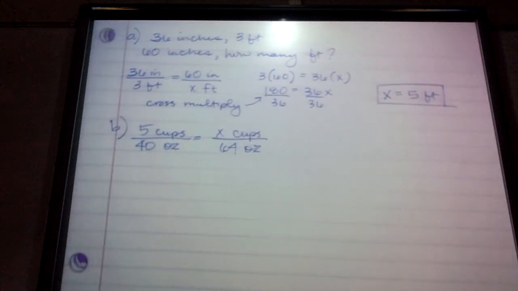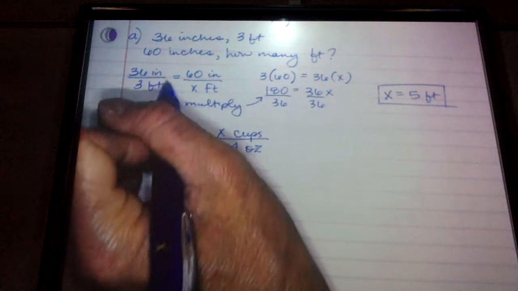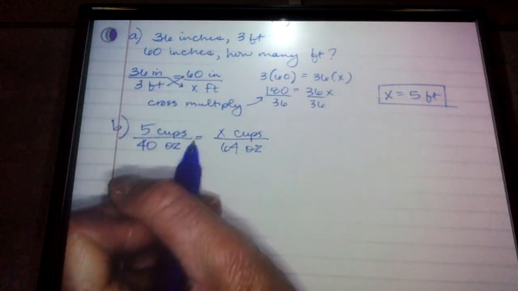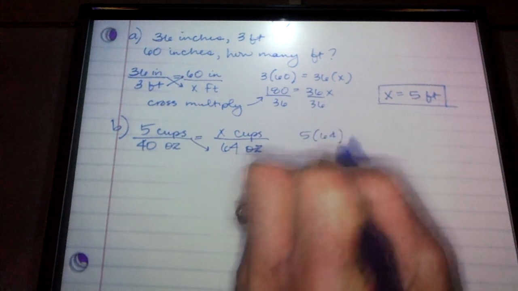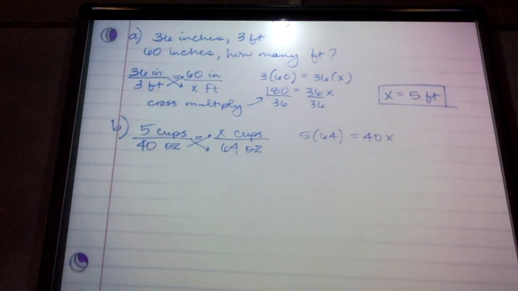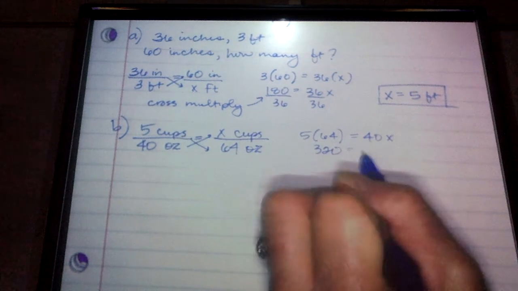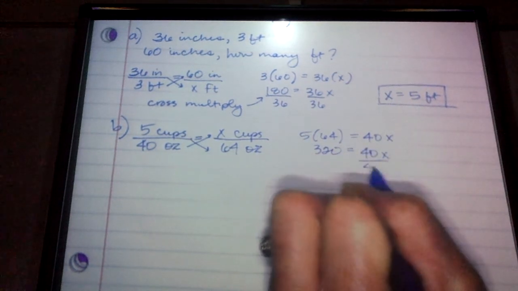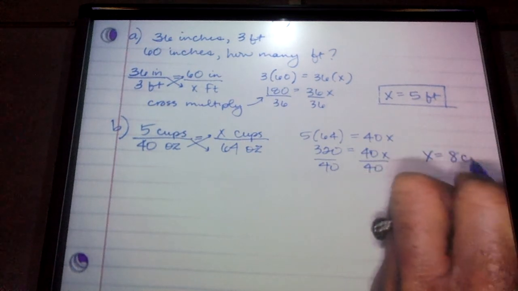I think they're faster to solve, but it's up to you. So I'm going to cross multiply. So 5 times 64 equals 40 times x. 5 times 64 is 320 equals 40x. Divide by 40, and x equals 8 cups.